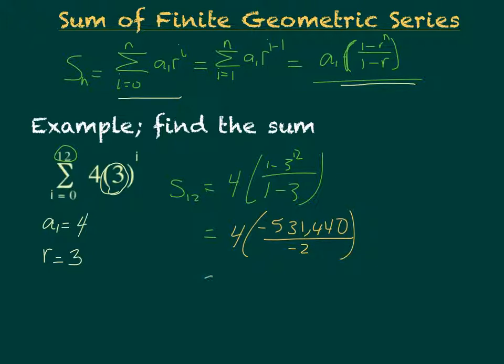So then if you go ahead and simplify, 4 times 265,720. And your final answer, the sum of the first 12 terms of this geometric series, would be 1,062,880.